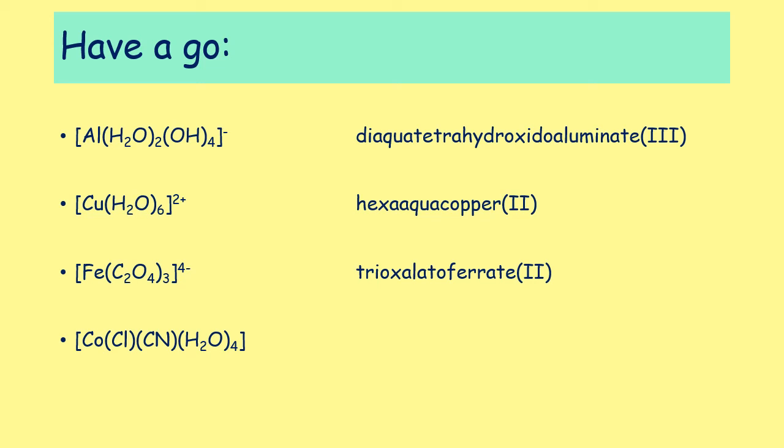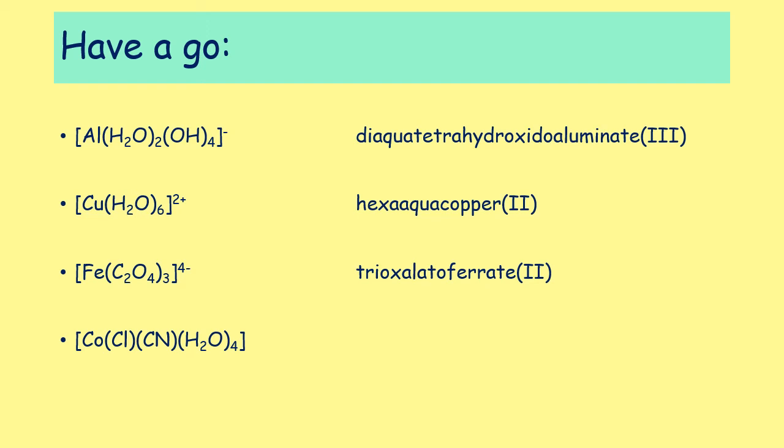Finally, this last one, we've got 3 types of ligand. We've got chloride, cyanide, and water. When we translate their names for the complex, it's aqua, chlorido, cyanido in alphabetical order. There's 4 waters and then 1 of each of the other ones. So it's going to be tetraaqua, chlorido, cyanido.